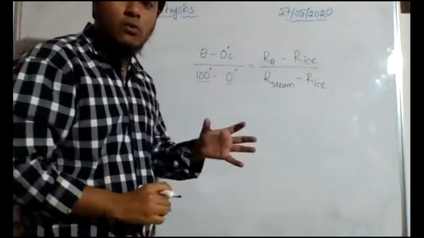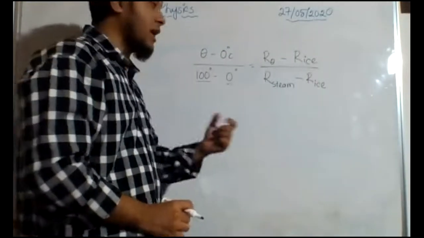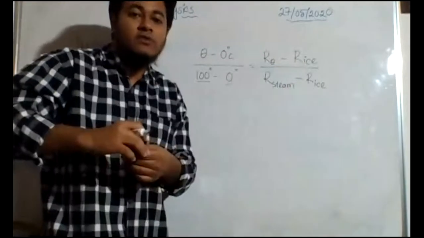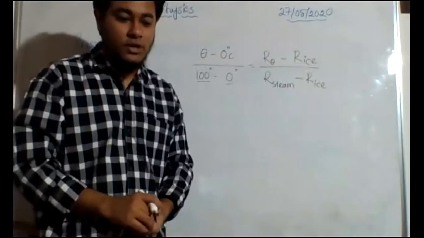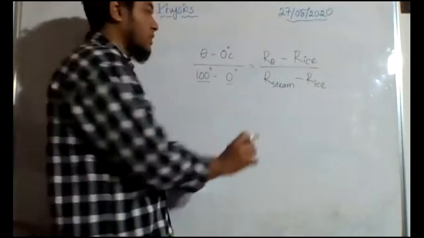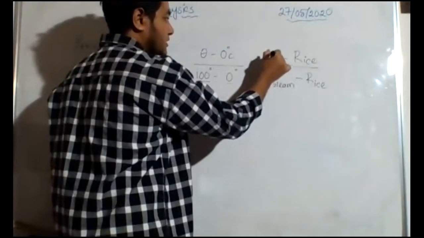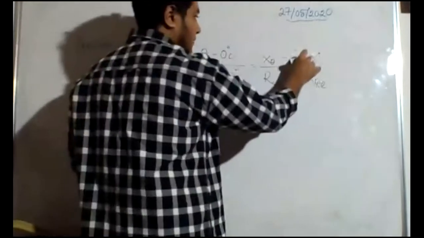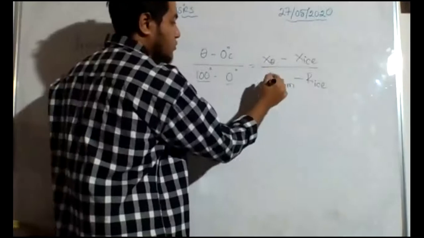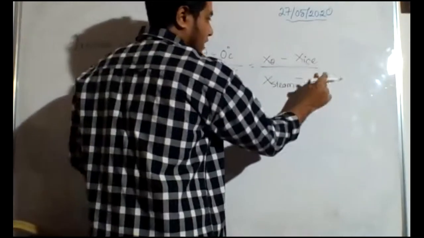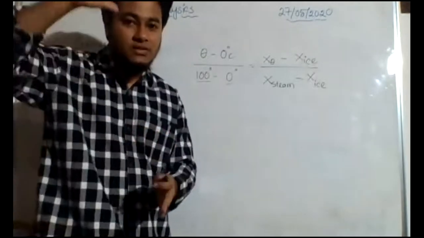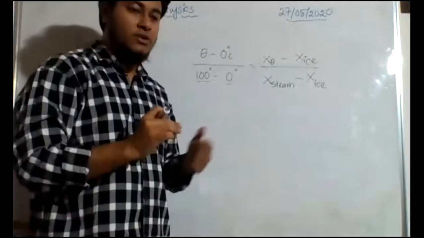Okay. So now in this particular case, we have a resistance thermometer. That is why I have taken R. But what if I have taken another thermometer? Then the thermometric property will change. So to represent the common thermometric property, they have represented it by X. Now if you have taken a resistance thermometer, this X will be replaced by R. If you have taken a length thermometer, like a mercury thermometer, the length will change, the height of the mercury level will change, right?